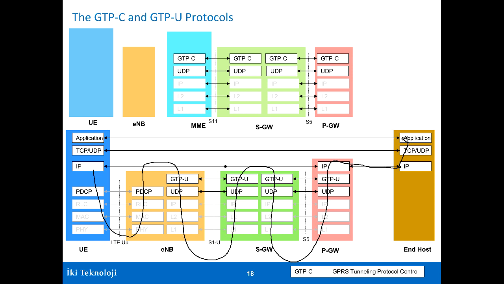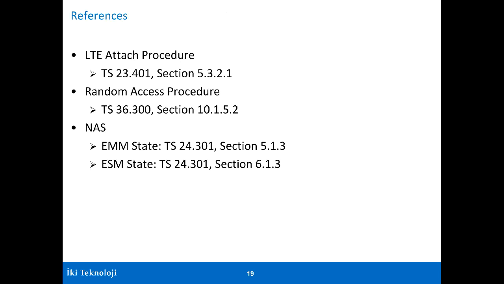So we have a two-way communication between the two sides. And we do have a GTP primer that gives you an idea about how these GTP tunnels are set up. That pretty much completes this attach.